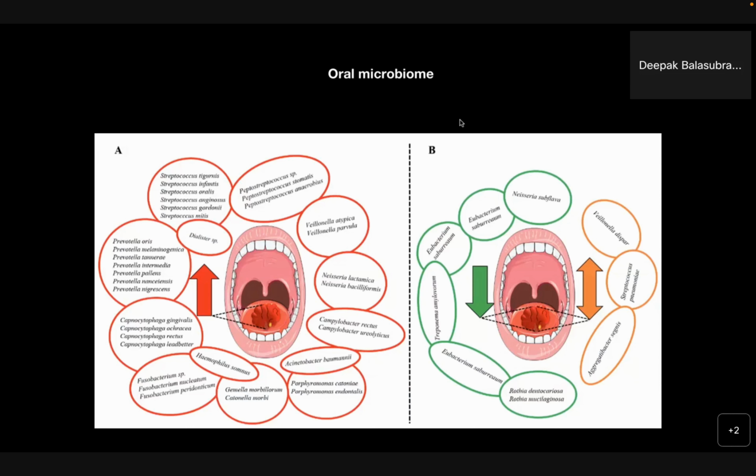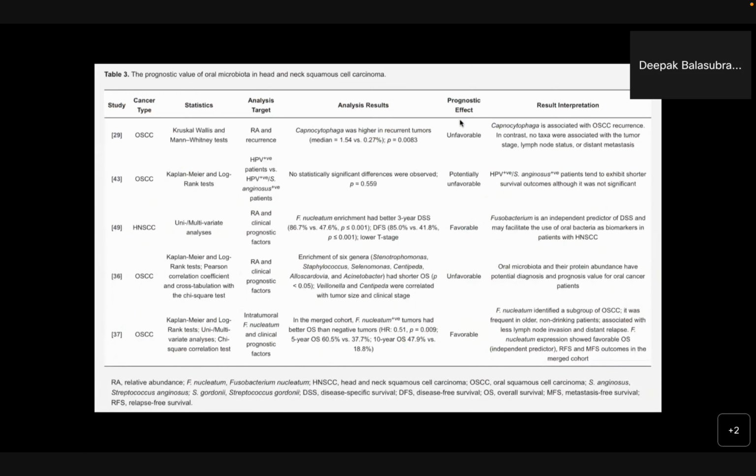There are various different organisms that have been identified and thought to be promoting tumorigenesis, and there are some organisms which prevent tumor progression and enhance the response to treatment. This is an evolving concept. It has still not been studied in detail to make consensus, but you have to understand that the oral microbiome also has implications in the way the patient responds to radiation.